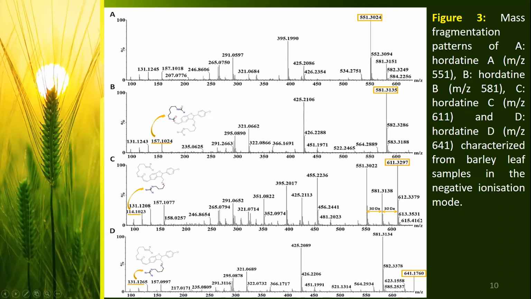However, these compounds were annotated as rhodantine A, B, C, and D, based on the mass difference of 30 Dalton between the different rhodantines, as well as the fragment ions of 131, 114, and 157 corresponding to agmatine derivatives.